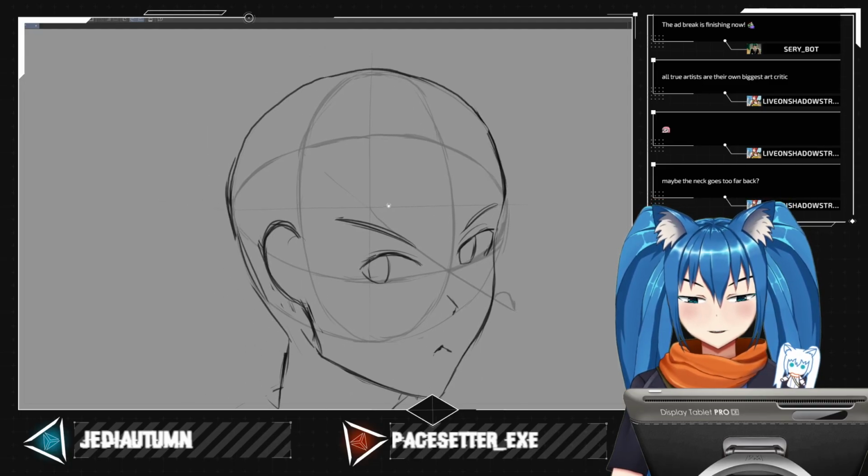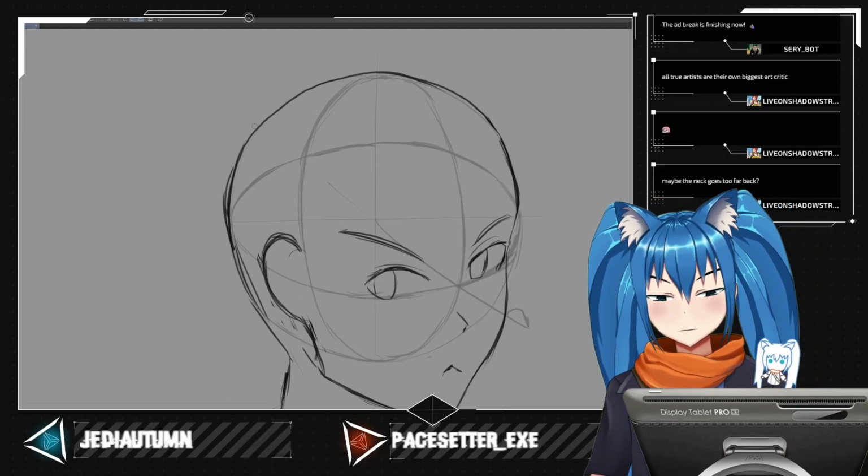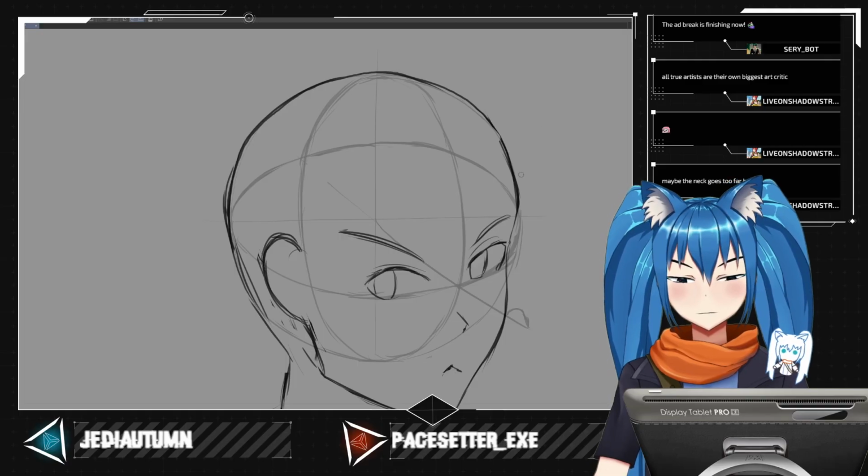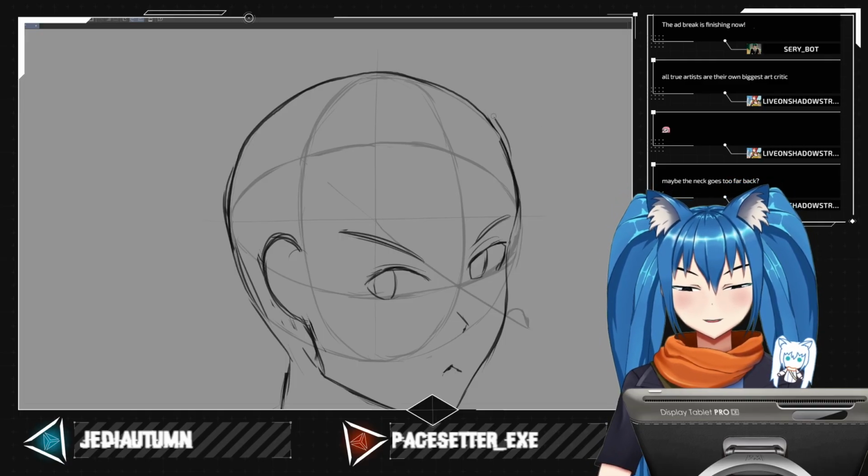Is the sphere misshapen? That would fucking do it right there if that was the case.